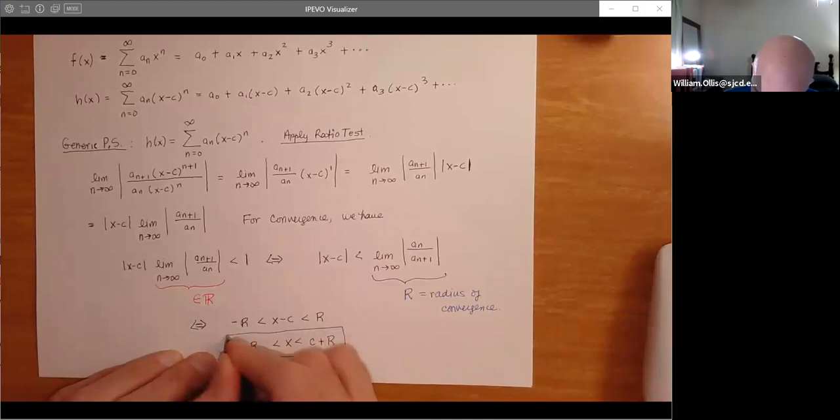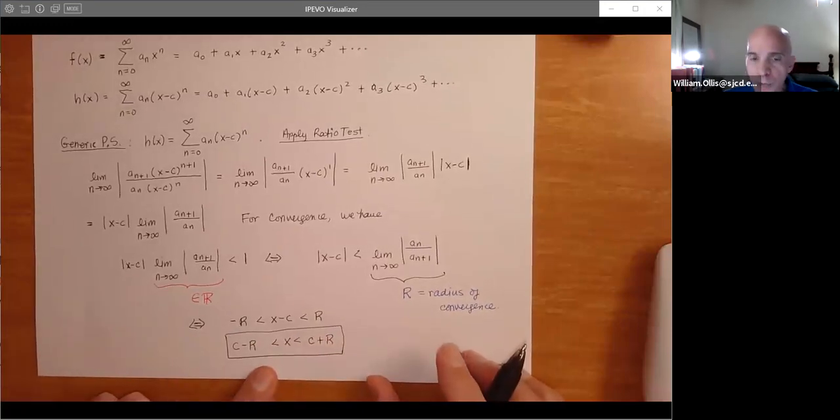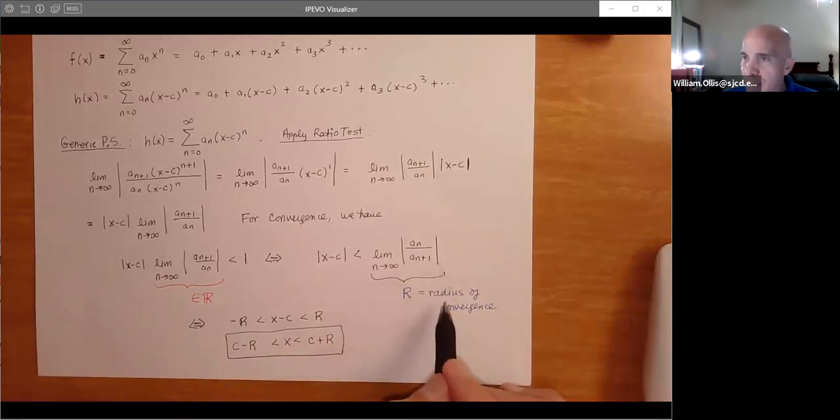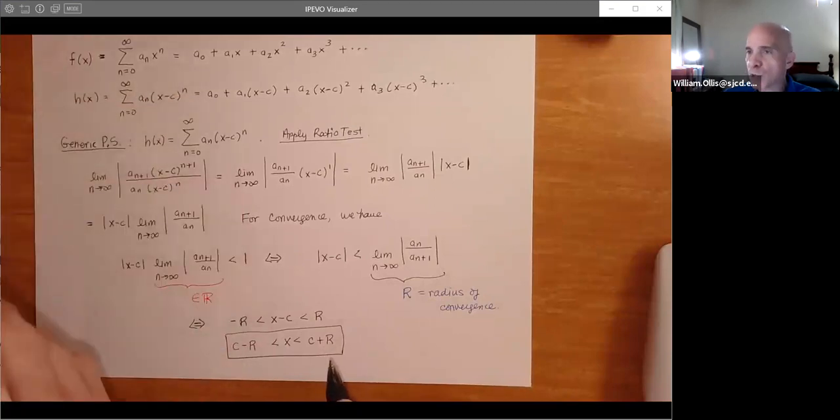So we look at this and say, if this turned out to be a finite number, then if x lived between c minus R and c plus R, the ratio test would say convergence for these values of x. So we're seeing the ratio test is turning out to be quite a useful tool.